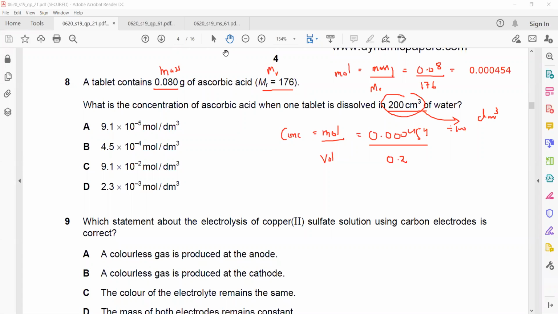It matches with D, so D is the right answer. 2.27 exponent minus 3 is approximately 2.3 exponent minus 3.